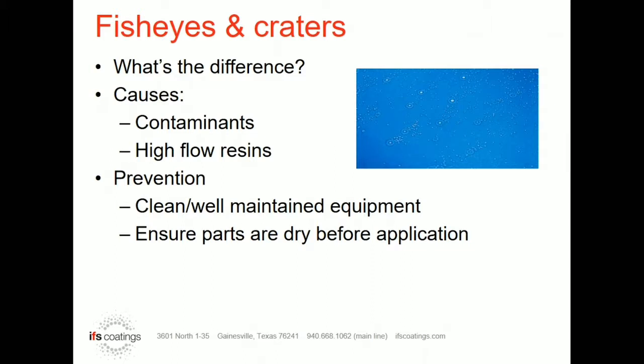And if you do, make sure you have a way to collect that dust or those airborne particles. So really, the best way to keep from having fish eyes and craters is to do the work up front and not bring into your area those things that can cause them.